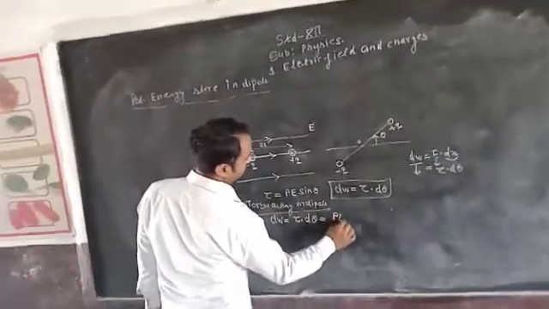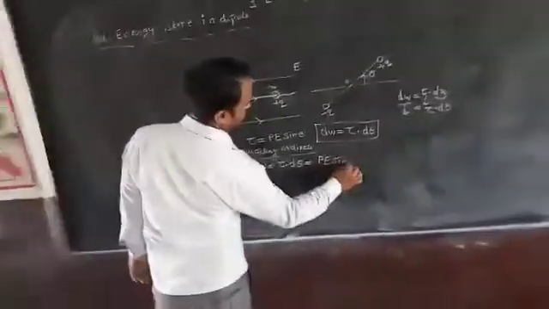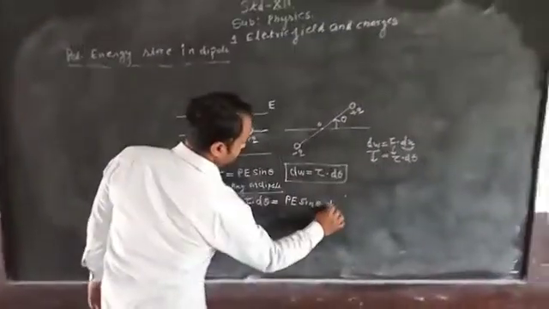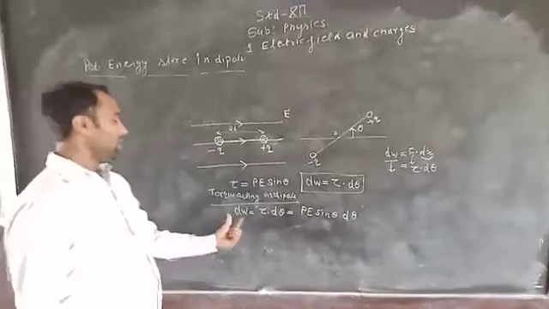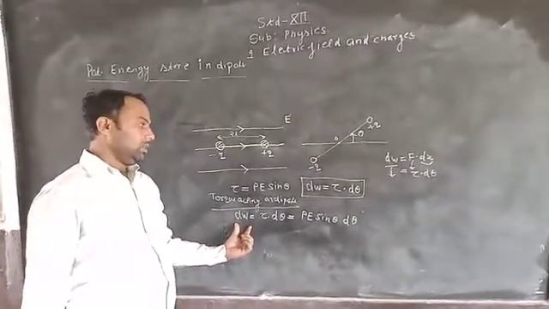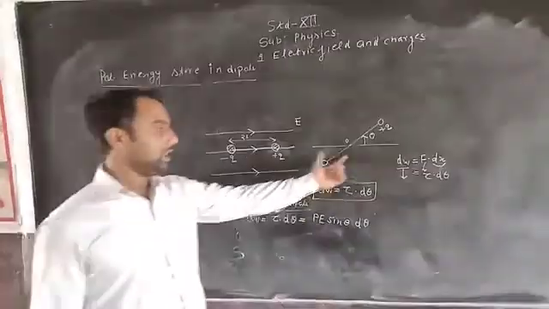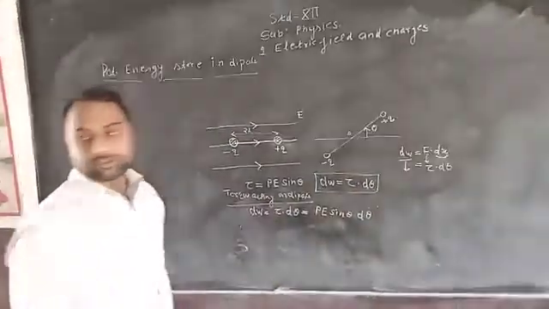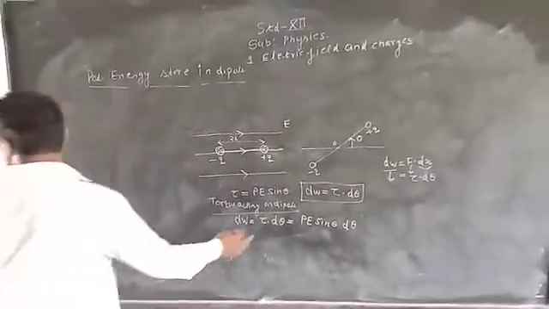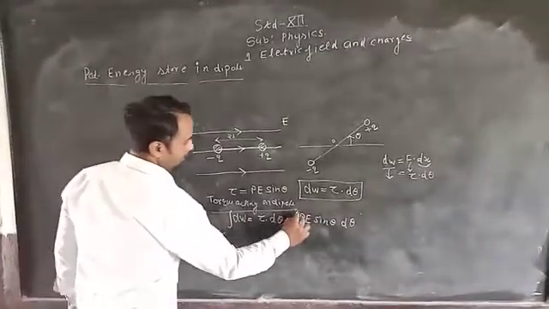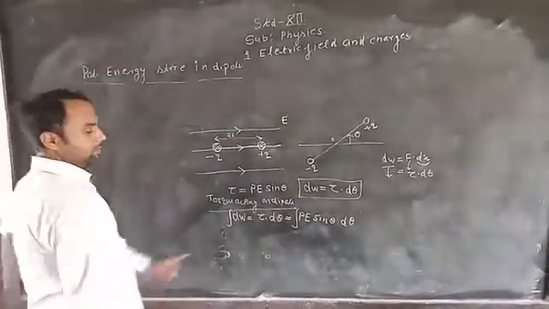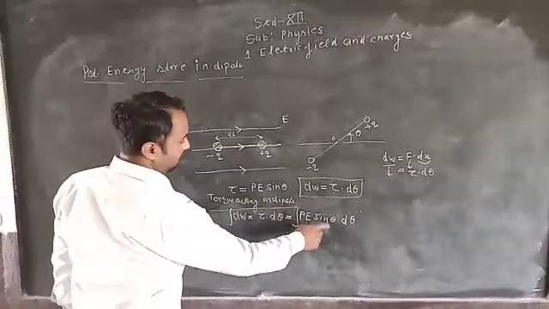The torque value is PE sin theta, and this is the d theta. Now we are interested to know all of the work done in this process, which is stored in the form of potential energy, and this is the total work. So we have to integrate the total work. So dW is equal to the integration of PE sin theta d theta.